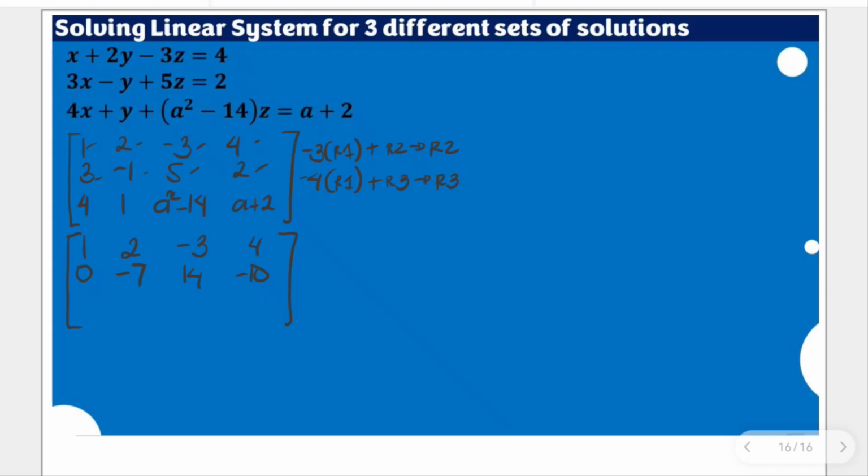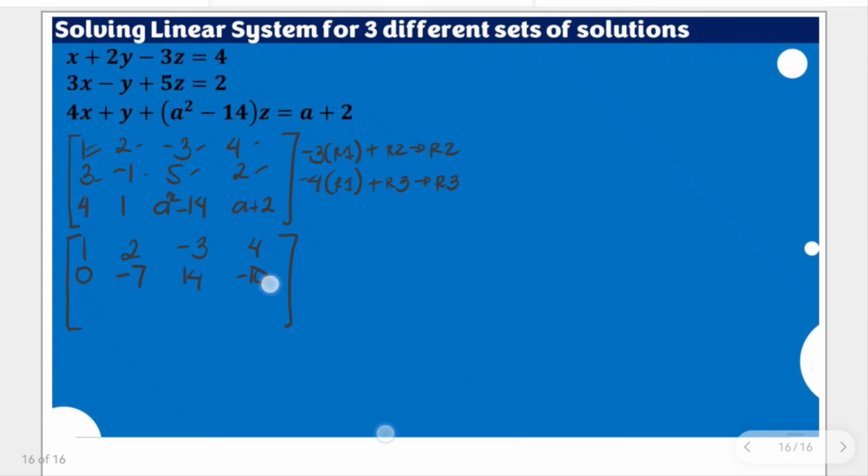Next, let us continue with the third row. -4 times 1 is -4 plus 4, 0. Then, let's have -4 times 2 is -8 plus 1, I have -7. Then -4 times -3 is positive 12.